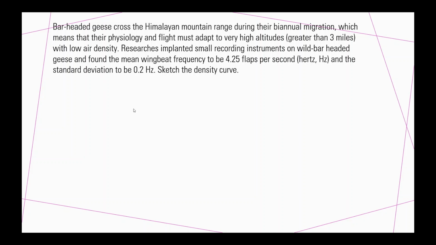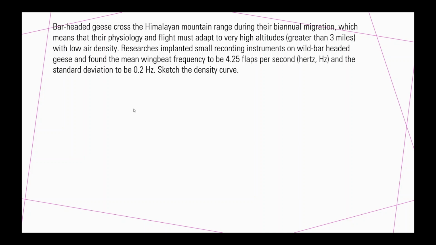Okay. Researchers implanted small recording instruments on wild bar-headed geese and found that the mean wing beat frequency was 4.25 flaps per second, which we could call hertz. And the standard deviation was 0.2 hertz, or 0.2 flaps per second.